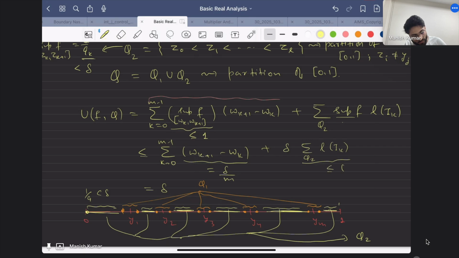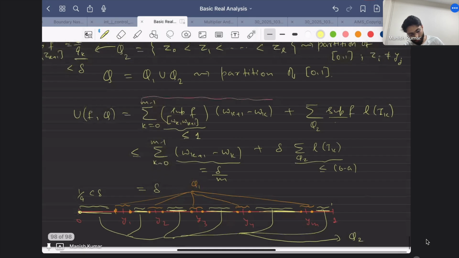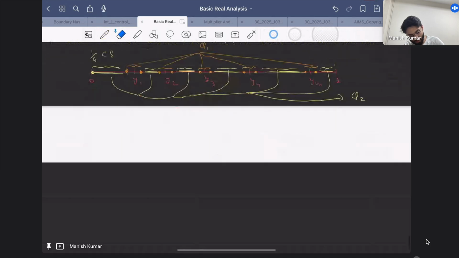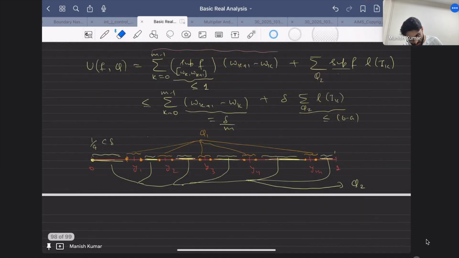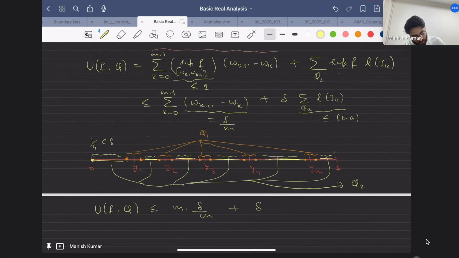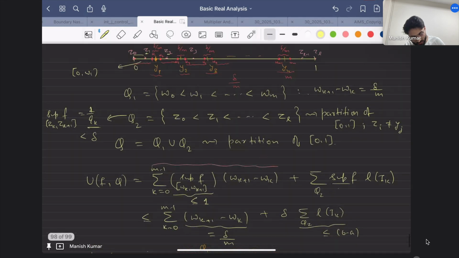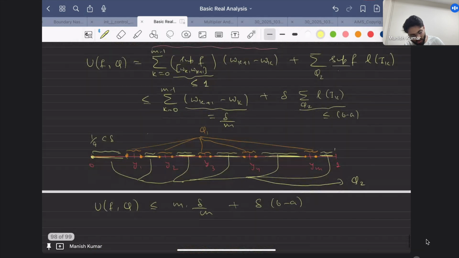Okay, so ultimately what I get is, if I take U f q, this is less than or equal to delta by m times m, and this is giving me delta by b minus a. Okay, maybe let's write it delta 1 and delta 2. Anyway, we can choose delta to be minimum of those two. So this is what we get.